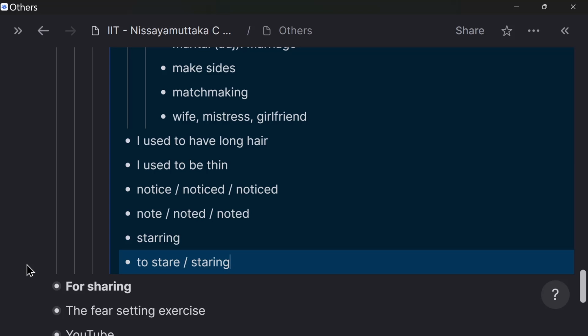Or you stare at another person, looking for a long time without looking away. Normally we don't hold the stare for a long time when we are talking to someone. It's awkward, it's strange. So to stare is to do like that.